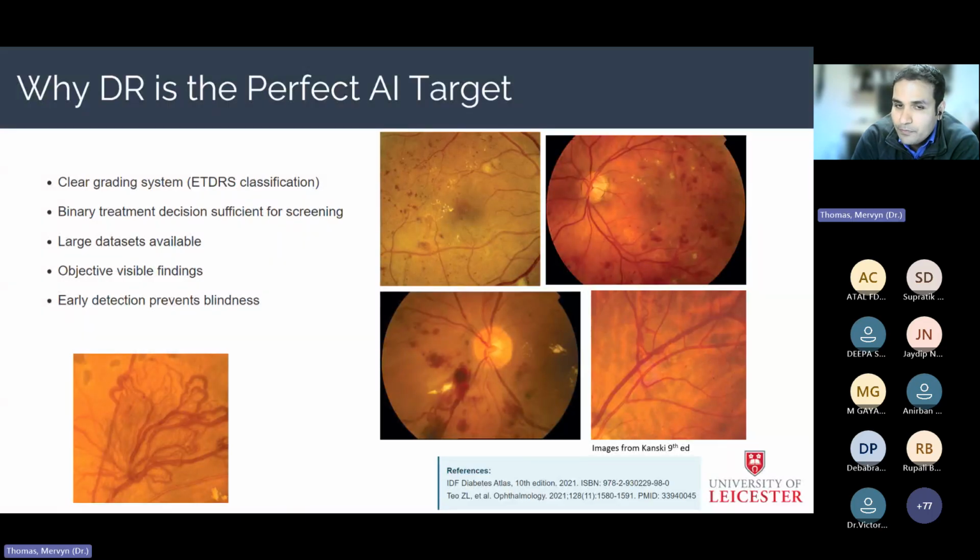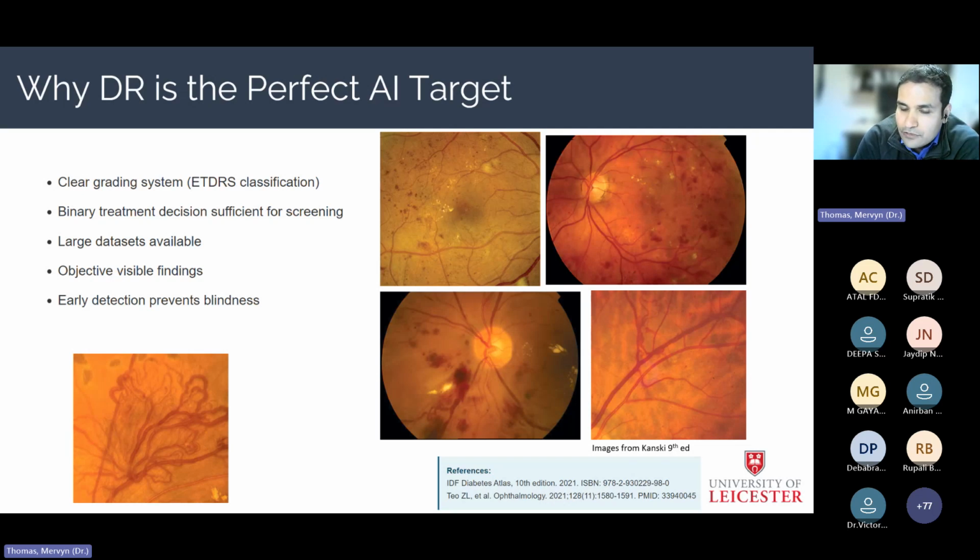Now, with diabetic retinopathy, for example in the UK, we have very large data sets because every individual that has diabetes needs to have, as part of the screening program, some form of imaging at the back of the eye every year or every 2 years. This could be a fundus photo, which is the example shown here, or a scan called an optical coherence tomography scan.